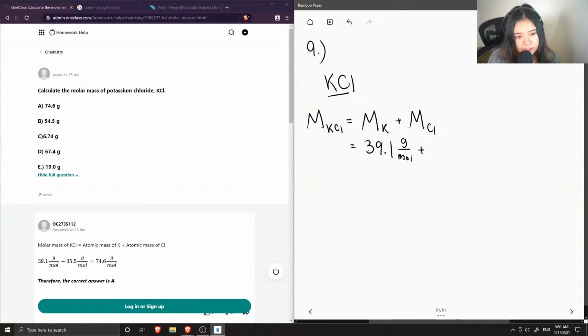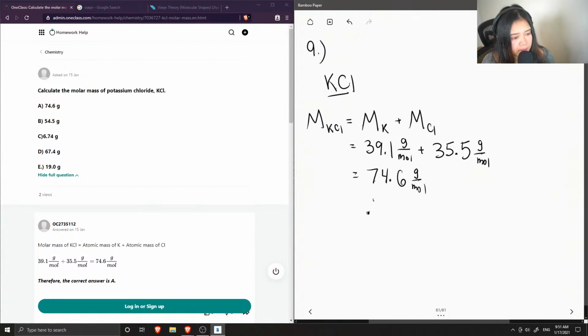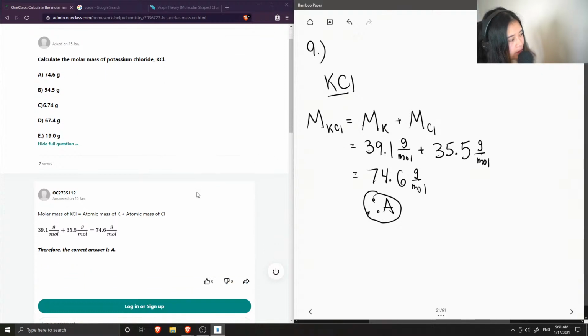So potassium has a molar mass of 39.1. Again, you just need to find this value on your periodic table. It might be in units of atomic mass units, but now it's just the same value as your molar mass. And chlorine has a molar mass of 35.5 grams per mole. So if we added these values up, you get 74.6 as your molar mass, and therefore this is option A. Okay, so the junior tutor said the same thing.